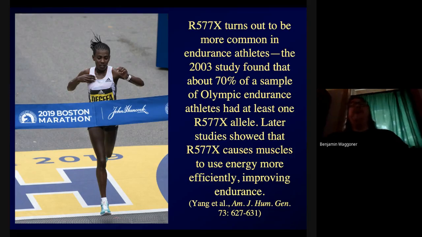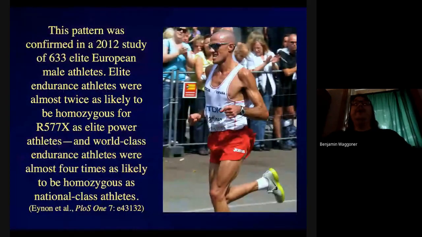They found the pattern in a 2012 study of elite male athletes, elite endurance athletes, meaning marathoners that can challenge for national titles and things like that, not just people that run them for fun, but people that train very seriously.